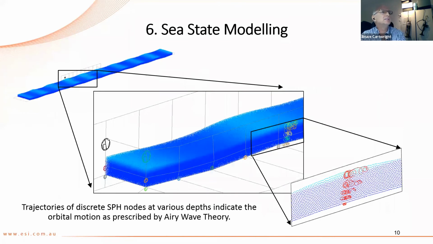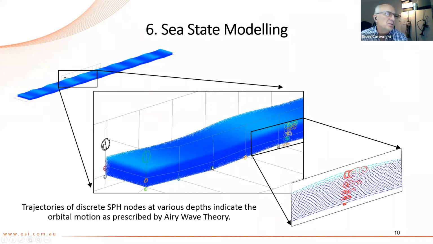So here's just a demonstration that this technique works to reproduce this orbital motion of the waves through the depth. On the top left there's a long tank. We're wriggling the bottom, and then I've zoomed into this section in the middle where I've got some slightly finer particles, and we're still wriggling the bottom.